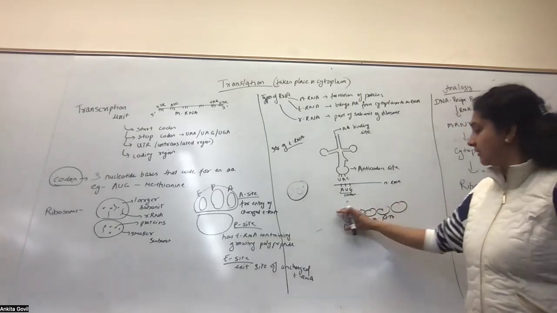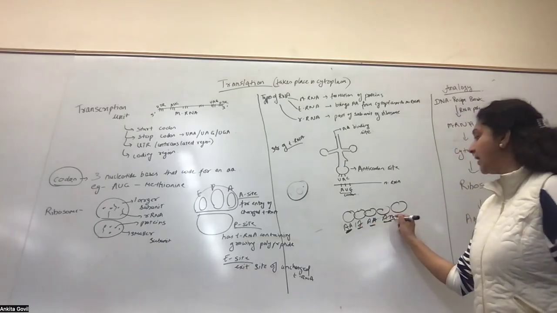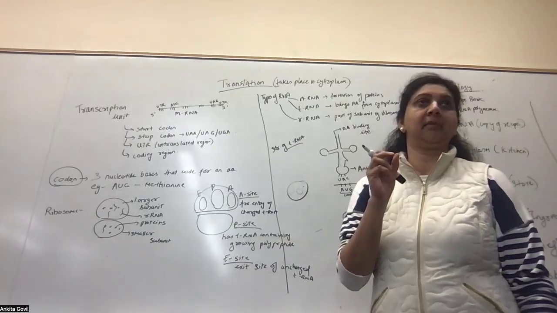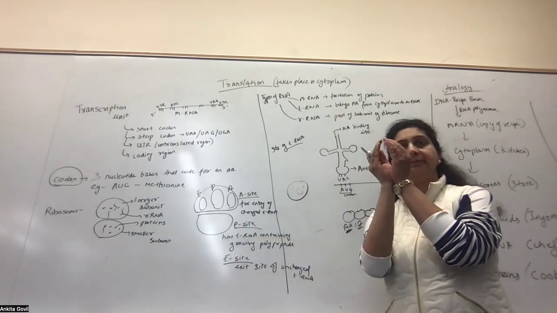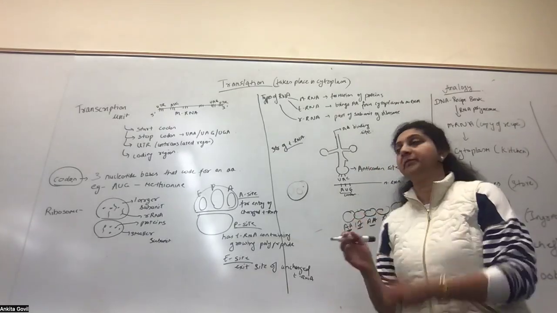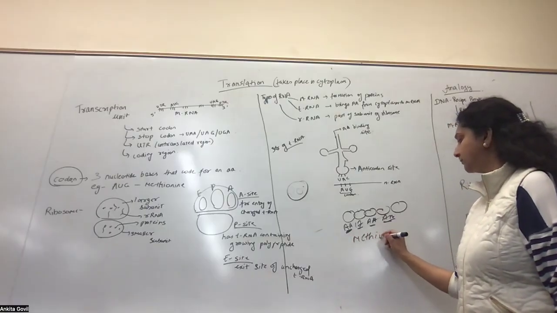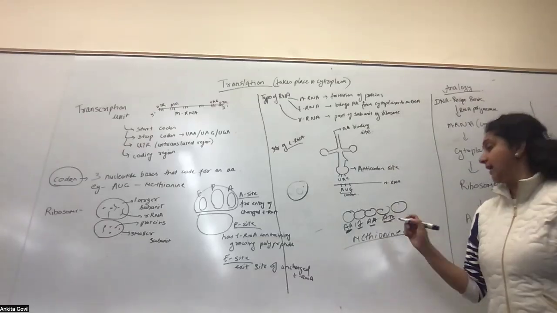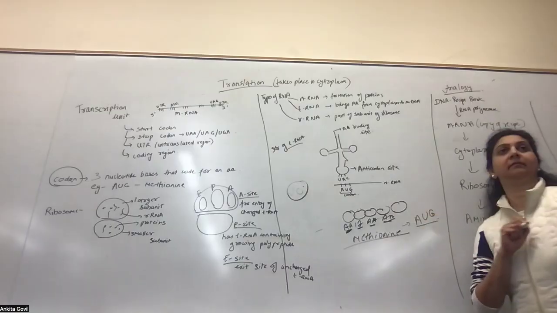Now, these amino acids are recognized by a code language. It is called a codon. So, three bases together form one amino acid. For example, one amino acid is methionine. This is the name of the amino acid. It is represented by AUG.